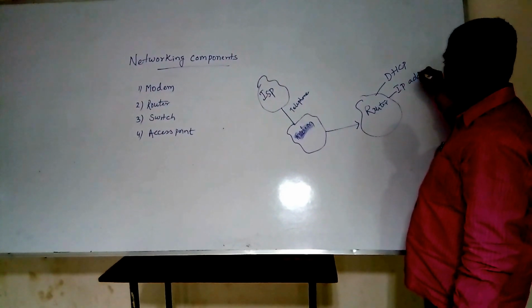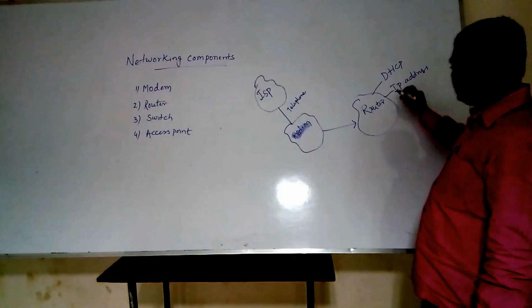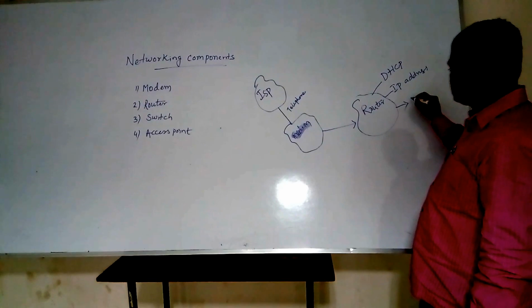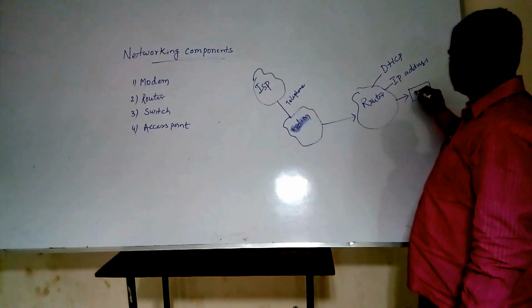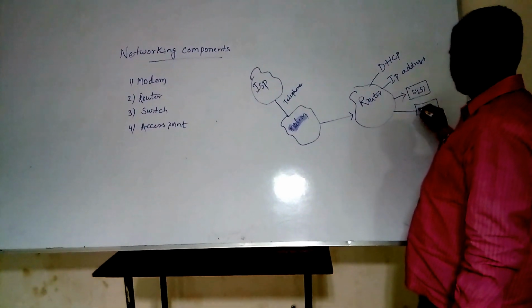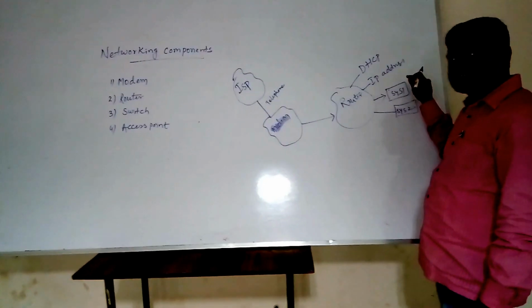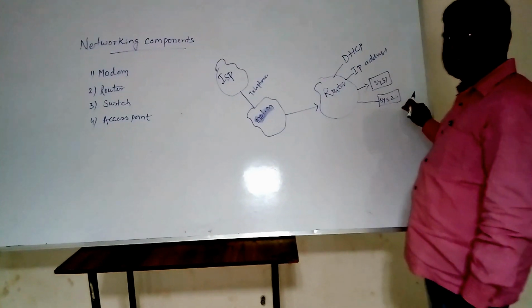So what is an IP? IP is called the Internet Protocol. For each and every system, suppose this is system 1, this is system 2. The router will assign IP addresses for each and every system.